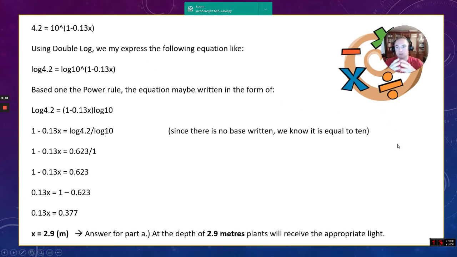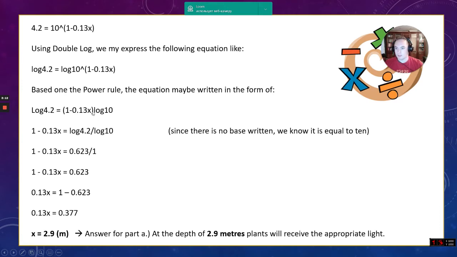First of all, we're going to use the double log, and we may express the equation by writing log on the left and on the right side of the equation. After that, based on the power rule, the equation may be written in the form of log 4.2 is equal to this expression. I think that's too long to pronounce, so you can pretty much see that.